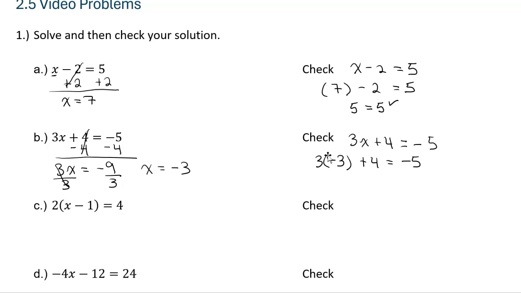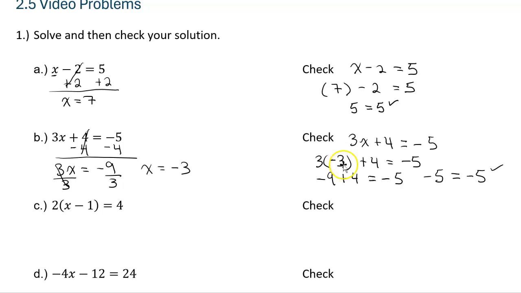I do it for evaluation. I do it for this. I do it anytime I am substituting a number in for a variable. All right, so now I get negative 9 plus 4, which gives me negative 5. And finally, we have negative 5 equals negative 5.